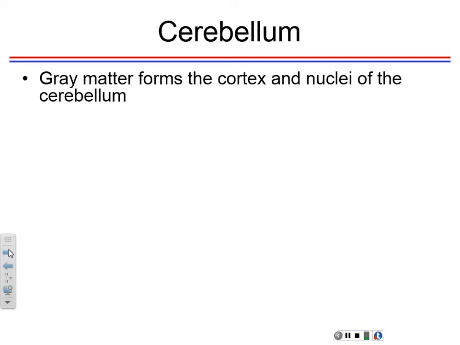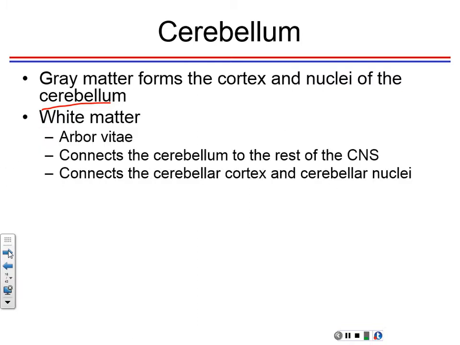And the white matter in the middle, which is mostly those myelinated axons of the neurons up there in the cortex, forms the medulla, or the second layer of it. And then it's got the nuclei, the different parts that deal with different things.